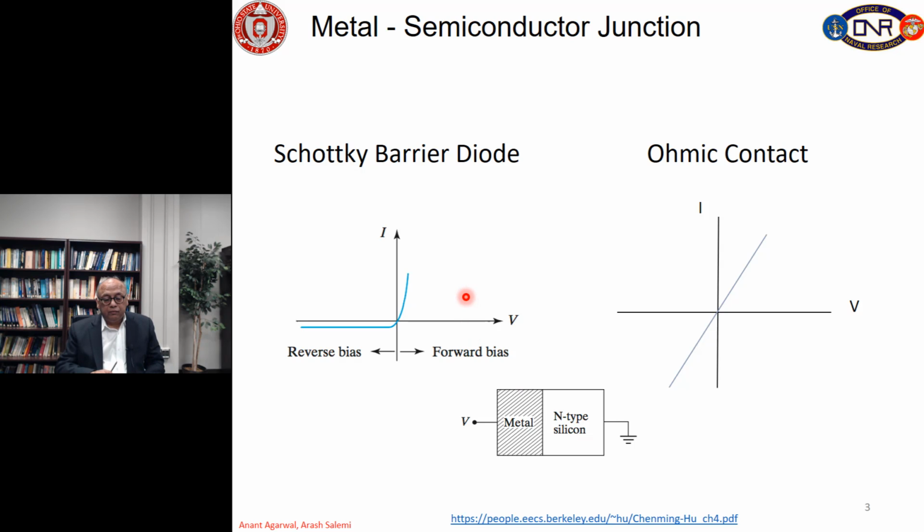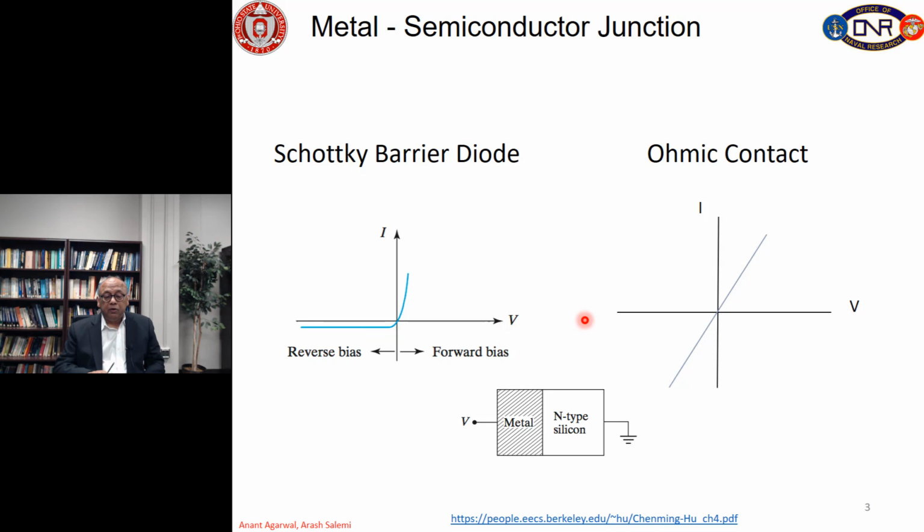There are two types of diode characteristics. On the left, we show a diode characteristic where the current is high in one direction when the voltage across the diode is positive as applied to the metal, and in the reverse direction when the voltage is negative, the current is very small. So, it basically allows the current to flow in one direction.